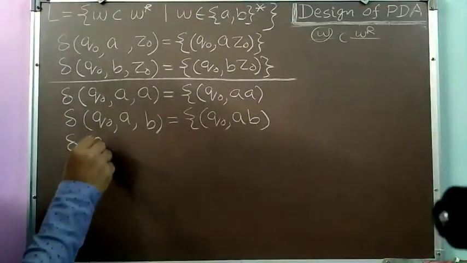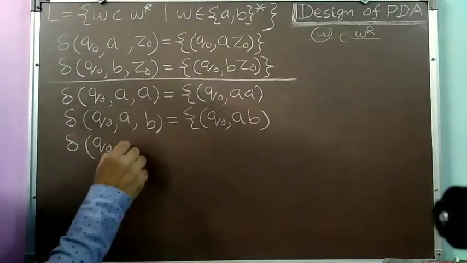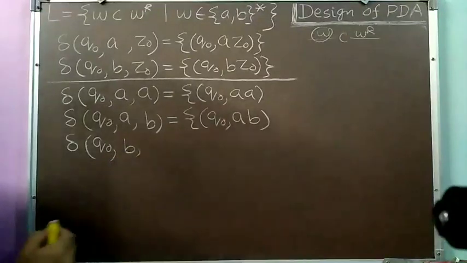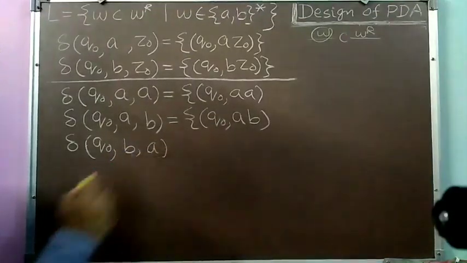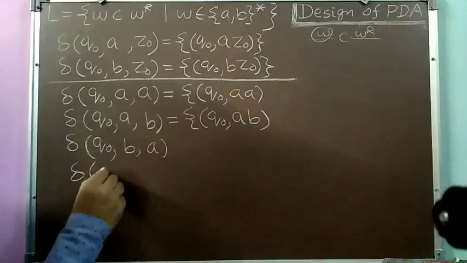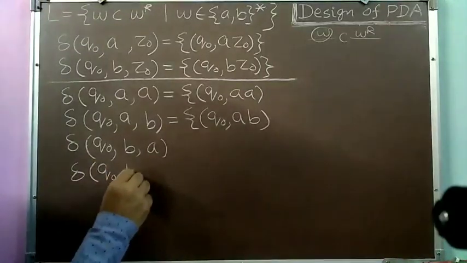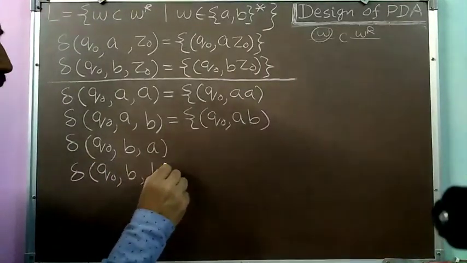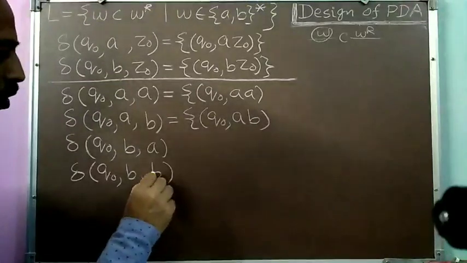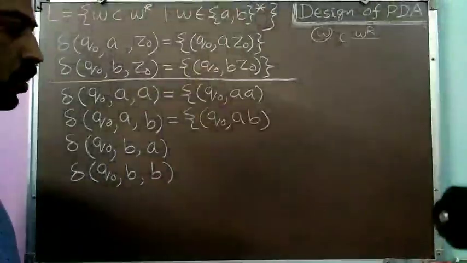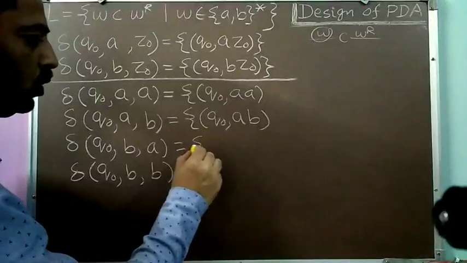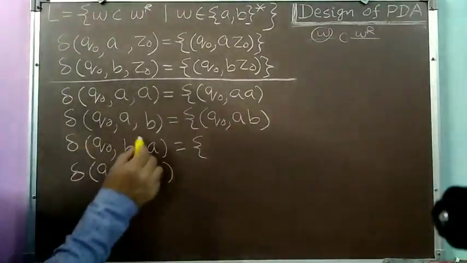Then Q0, suppose now this time the input symbol is B. Again on the top of the push down store may be A, and similarly another situation may be Q0, we are reading B in the input, and on the push down store there is also B present. Suppose the previous letter which we have read was also B. So in this situation, what we have to do?